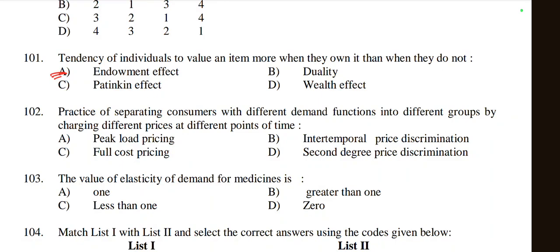This refers to the phenomenon where individuals assign a higher value to items they own compared to items they do not own. So even if there is no objective reason for increased valuation, means if I have a mobile, then the value of this mobile is more than if I have no mobile. So this is called as endowment effect.